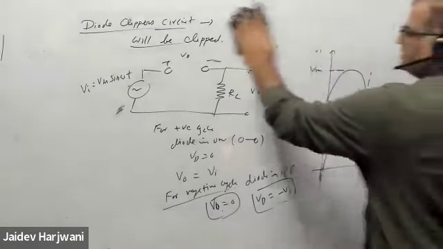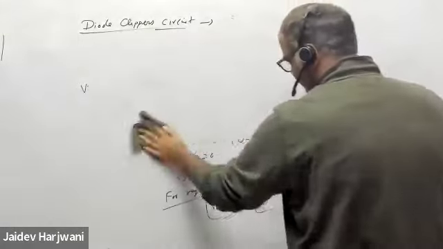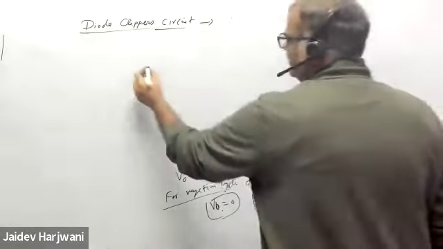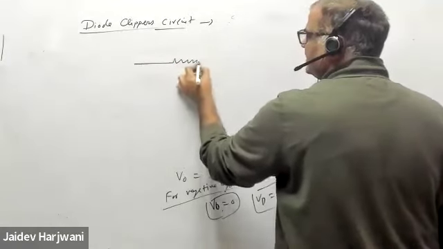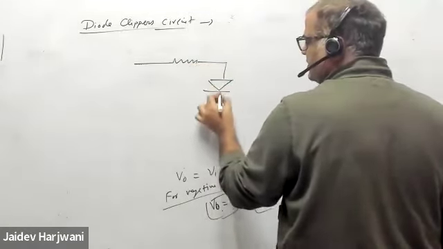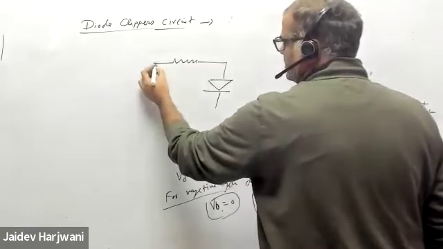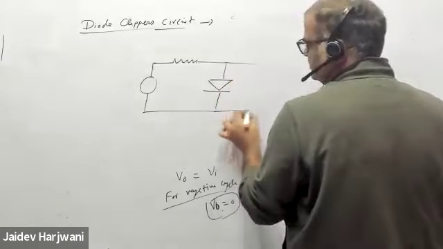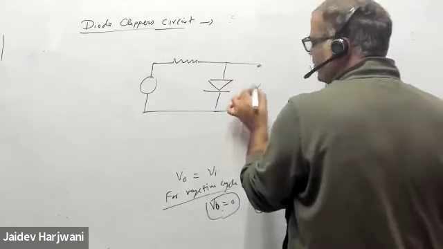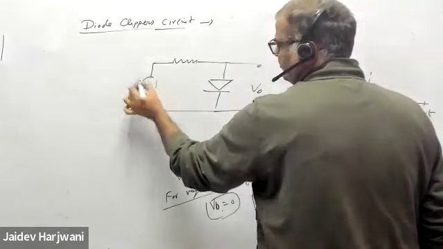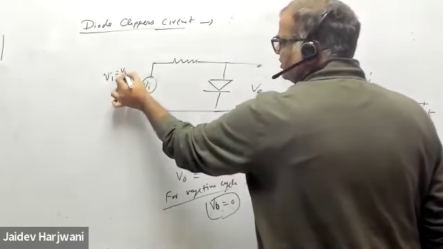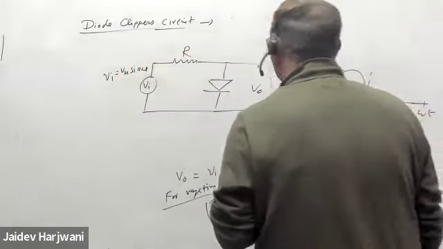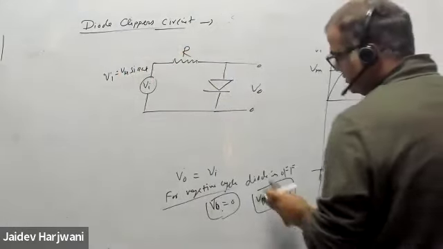Now next circuit. I am putting a resistance here and the diode here. I'm taking V output here, and this is Vi, Vi equals Vm sine omega t. This is my R. So tell me what will happen now.